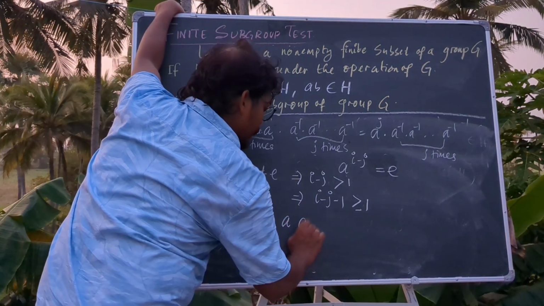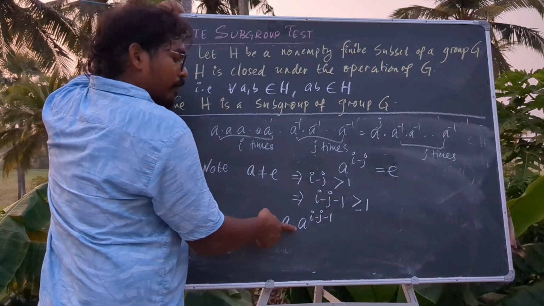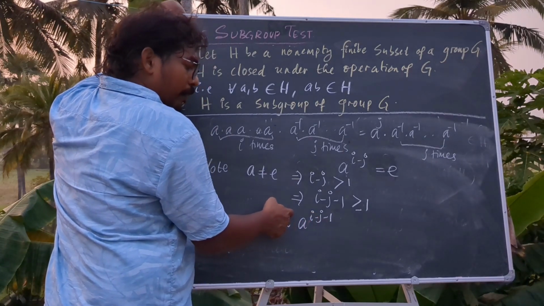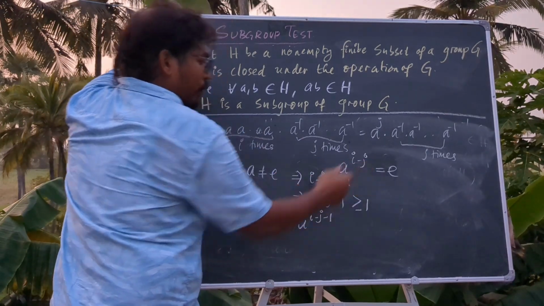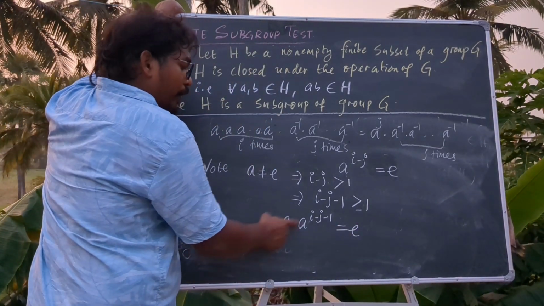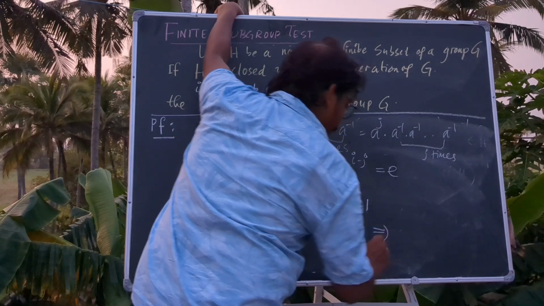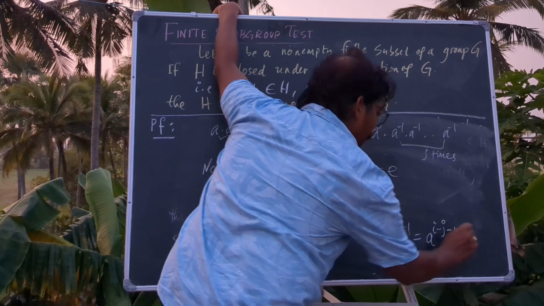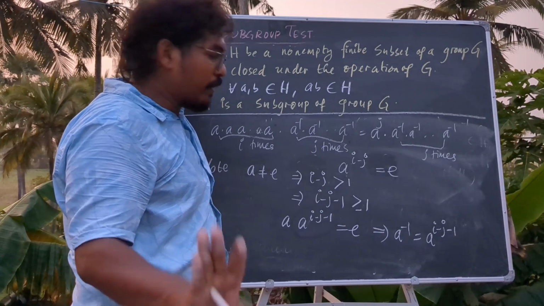And what is this one? a times a to the power i minus j minus 1. Here we have one a, and they will sum up to give a to the power i minus j. This is a to the power i minus j, and on the right side we have identity. So if a is operated with this element, then we will have identity. That implies the inverse of a is a to the power i minus j minus 1. But we are not done yet.